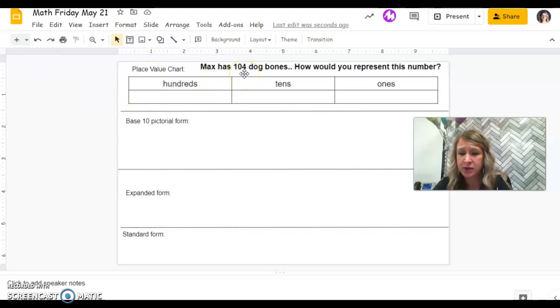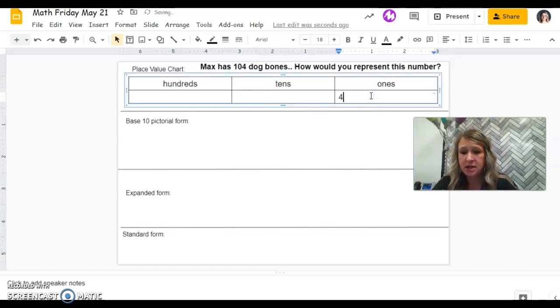So how many ones do we have? 4, correct. How many tens do we have? The number next to the ones? 0. There are 0 tens. We must put the 0. What about hundreds? Are there hundreds in this number? Yes, there is 100.